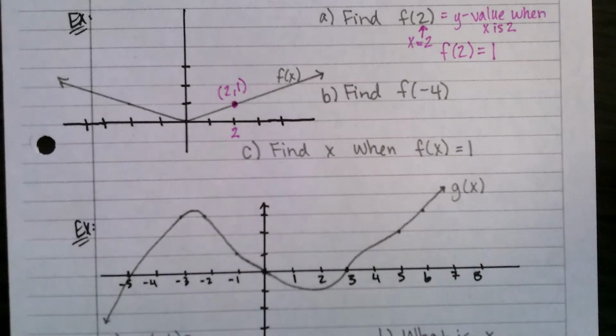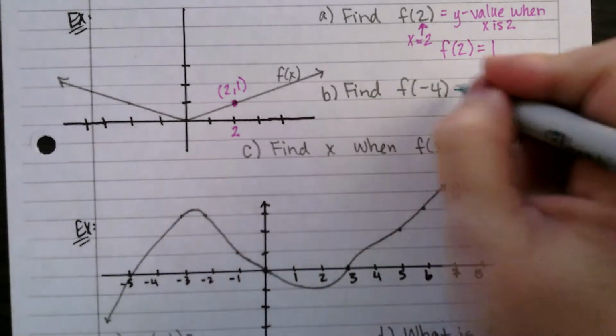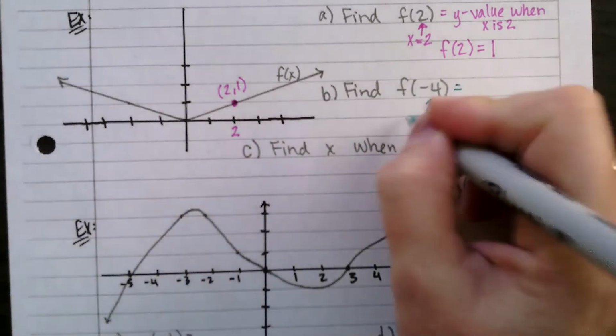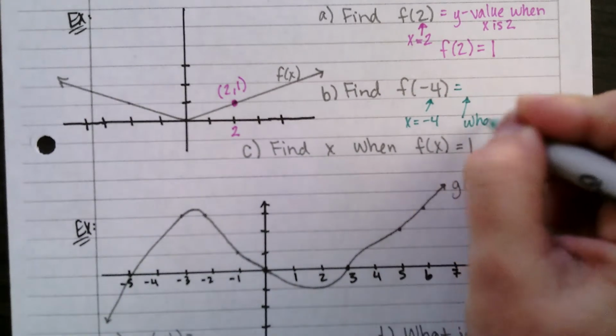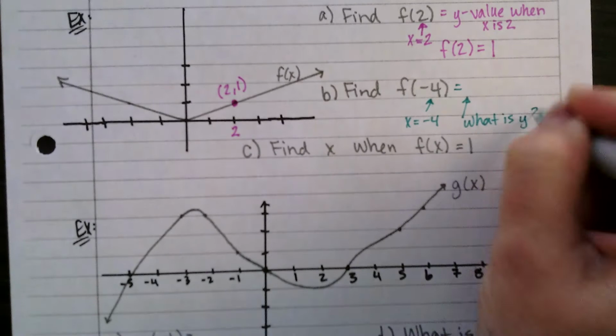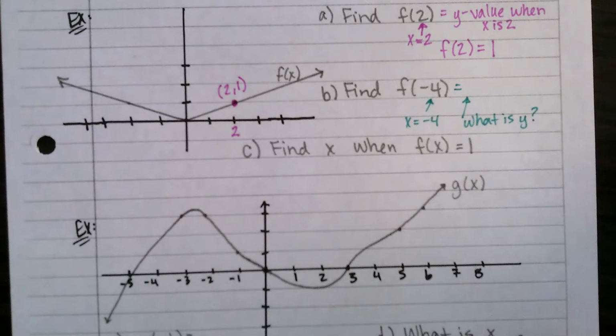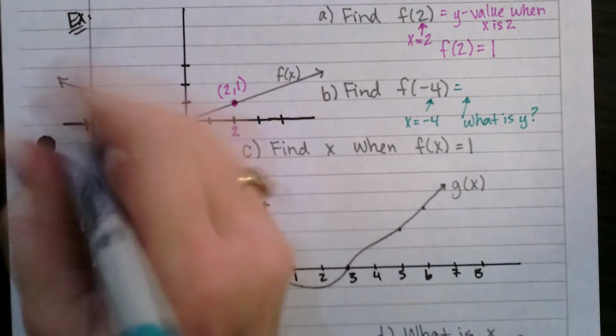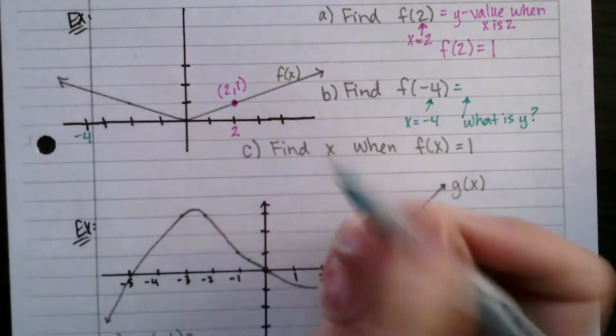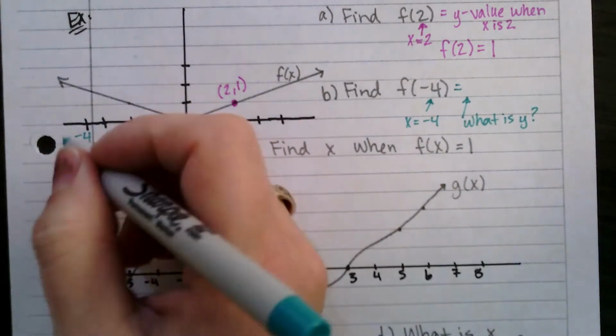F of negative 4. So we're going to do the same thing again. F of negative 4 means x is negative 4, and this is asking what is y when x is negative 4. So we go to our graph, find where x equals negative 4, and look up here.